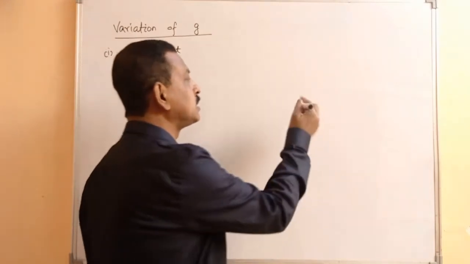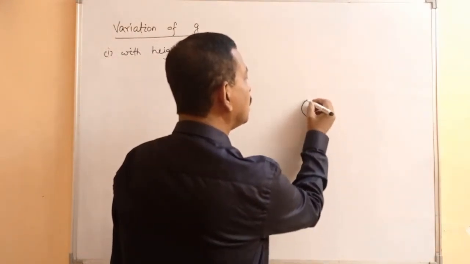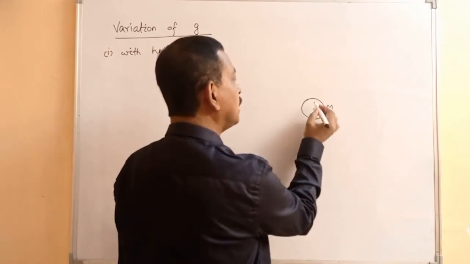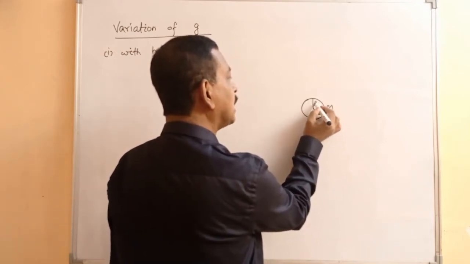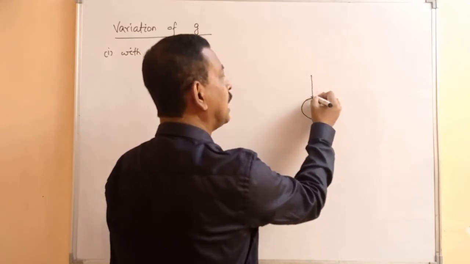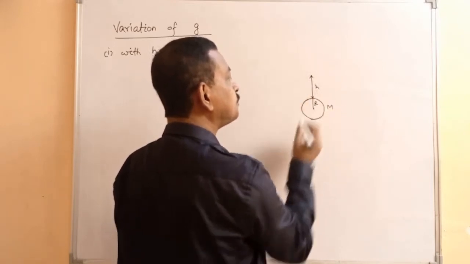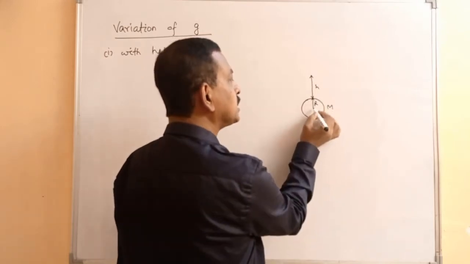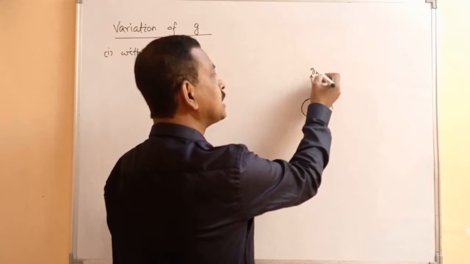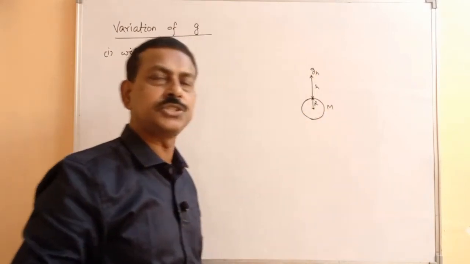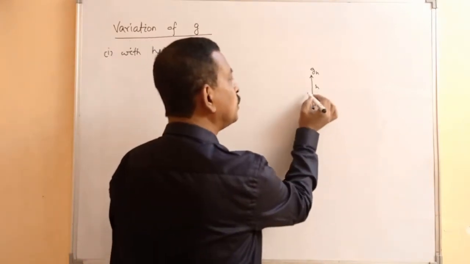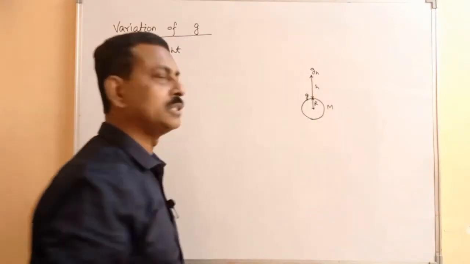So here, suppose I assume that this is representing Earth, mass is M, and its radius is R. And suppose our point of observation is at a height h. So this radius is R and this is the point here. And at this point, acceleration due to gravity is g_h, whereas on the surface of Earth, we assume that the acceleration due to gravity is g.